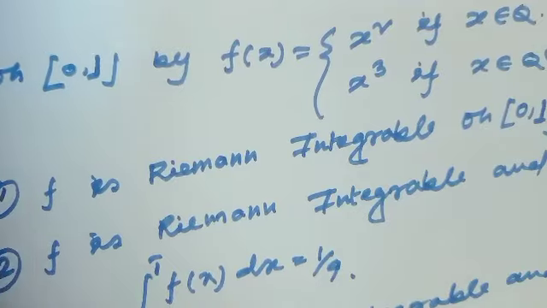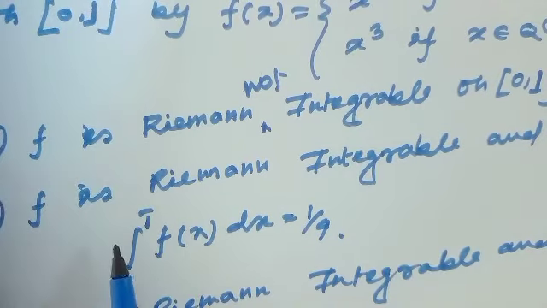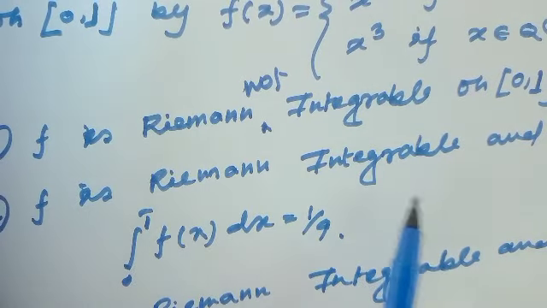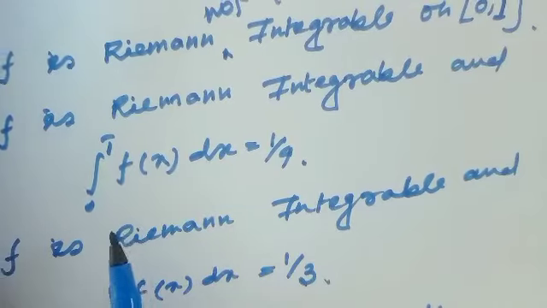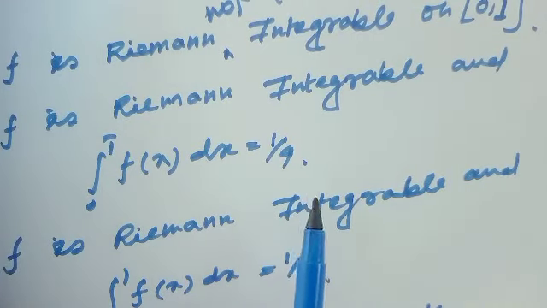Then option 1, f is not Riemann integrable on the closed interval 0, 1. Option 2, f is Riemann integrable and upper Riemann integration is equal to 1/4.